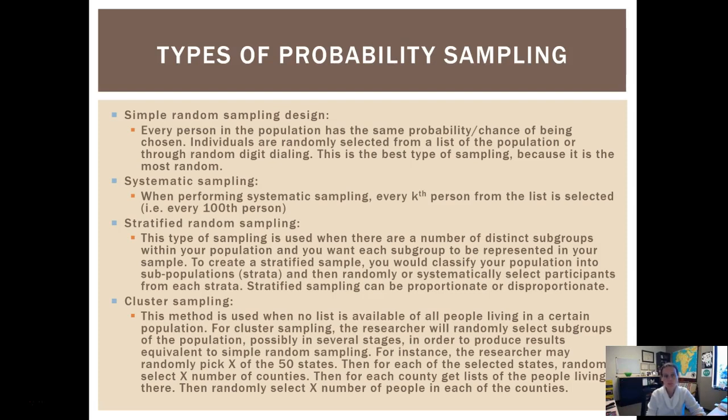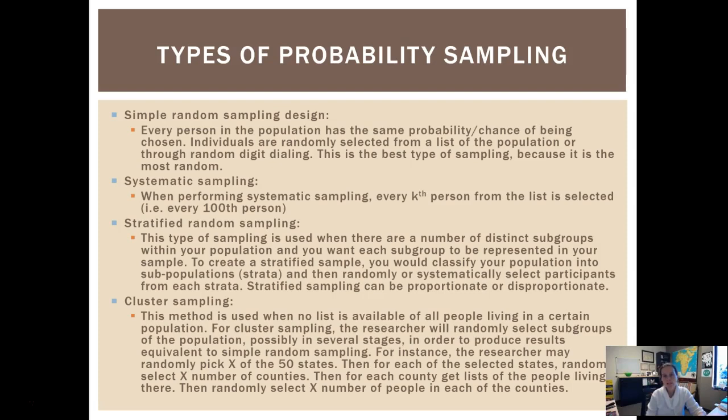So again, simple random sampling is fantastic because every single person in your population has the same chance of being chosen to participate. So it is the most random that you could possibly get, and therefore it's a very desirable type of probability sampling. The next one is systematic sampling.